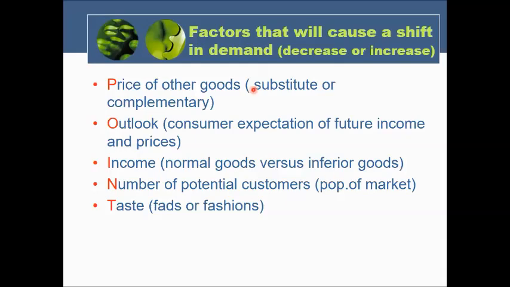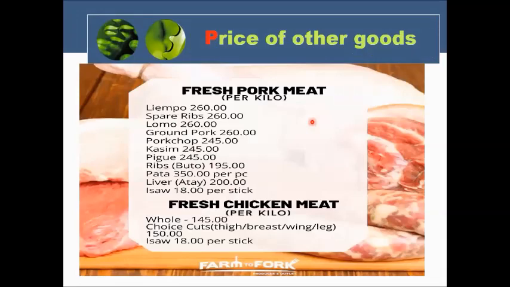Okay, so this is the one that we discussed. And then here, this is an example of the price of other goods. So this is the price of pork now, and this is the price of chicken meat.